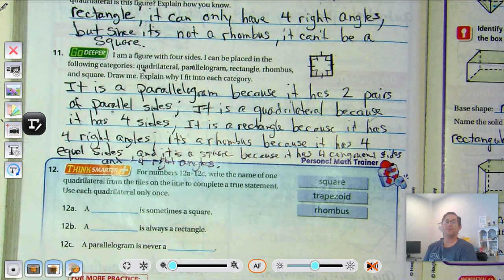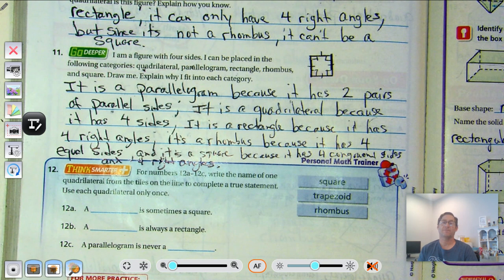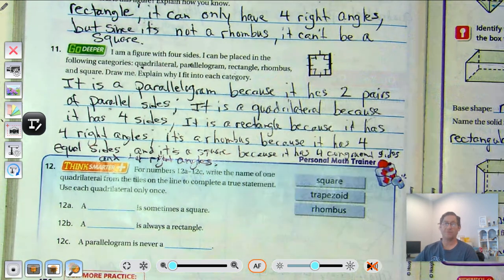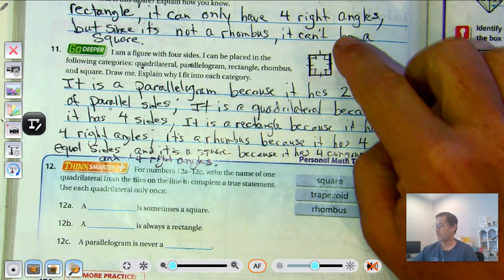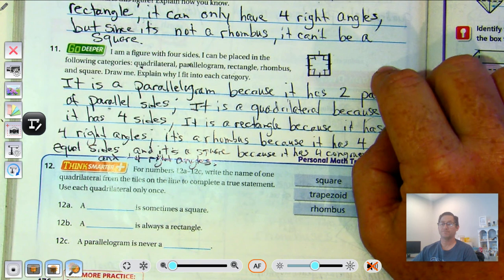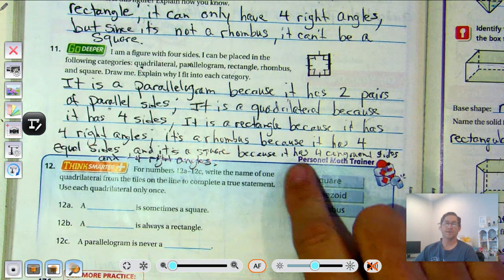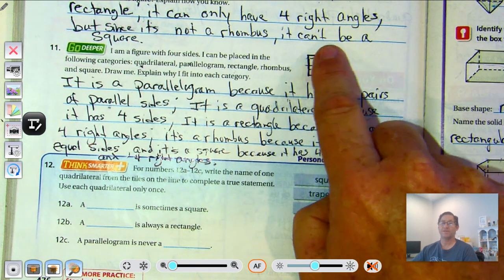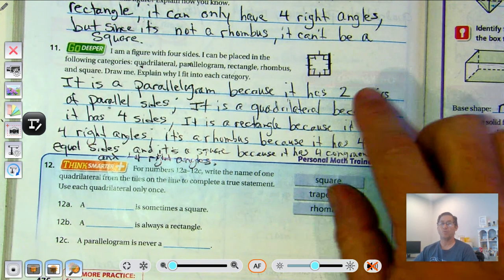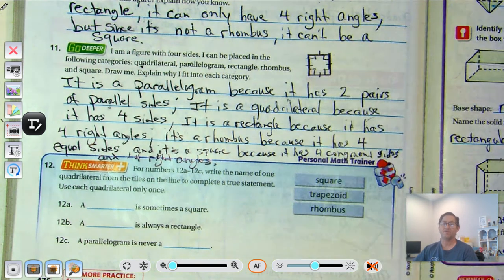So basically we're having to explain why a square has five different names. It's a parallelogram because it has two pairs of parallel sides. It's a quadrilateral because it has four sides. It's a rectangle because it has four right angles. It's a rhombus because it has four equal sides. And it's a square because it has four equal sides and four right angles.